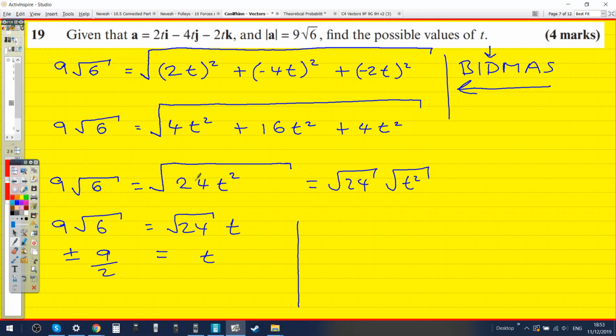Instead of square rooting all of it, you can square root half of it and keep the other half, and that will make it a bit simpler. And then you can just solve it like normal, divide both sides by root 24, and it's plus or minus because it's the magnitude. Any questions there?